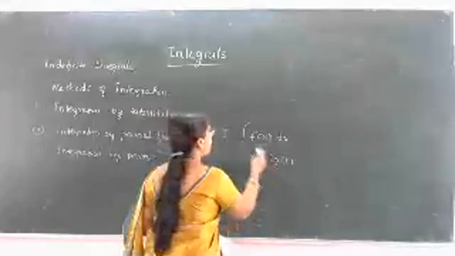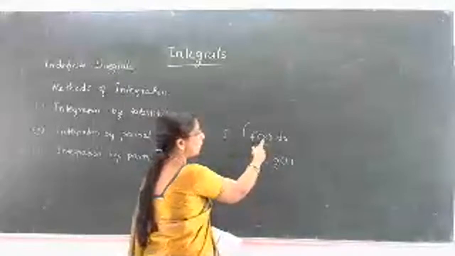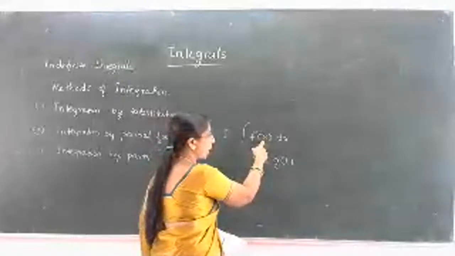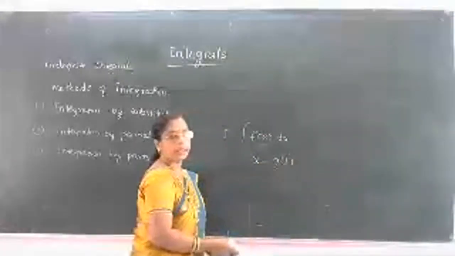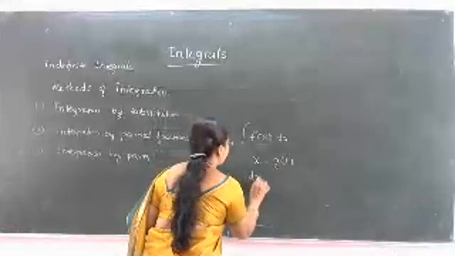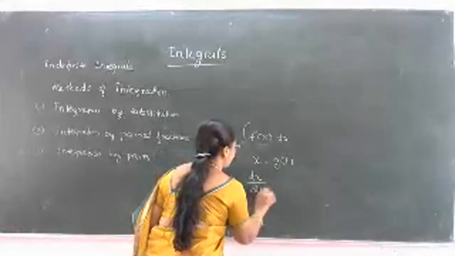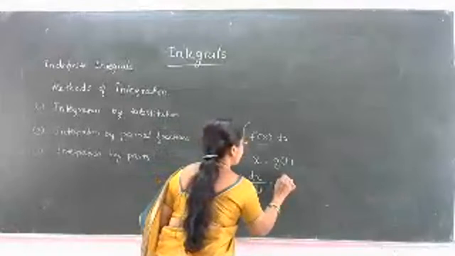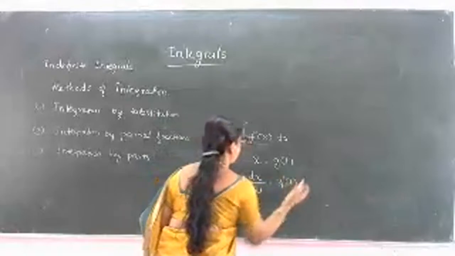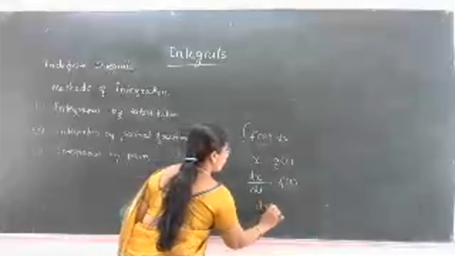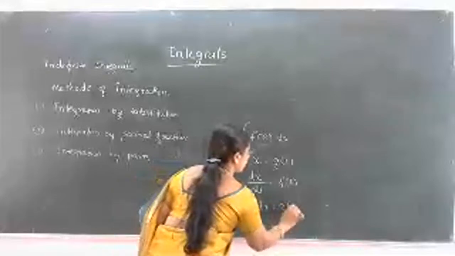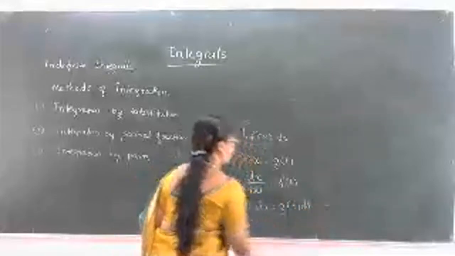In another form here, the variable is x. We translate this x variable into t. Then we differentiate: dx by dt is equal to g dash t. Then dx is equal to g dash t into dt.